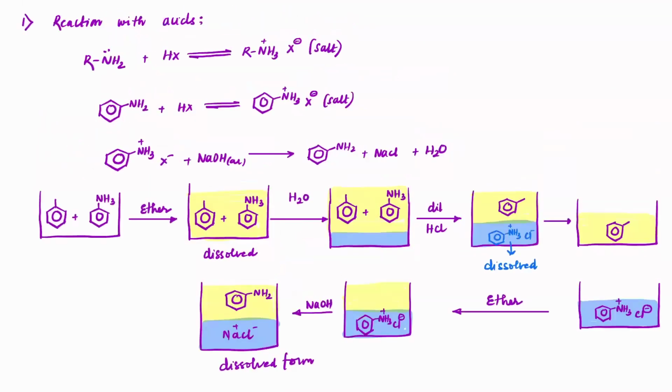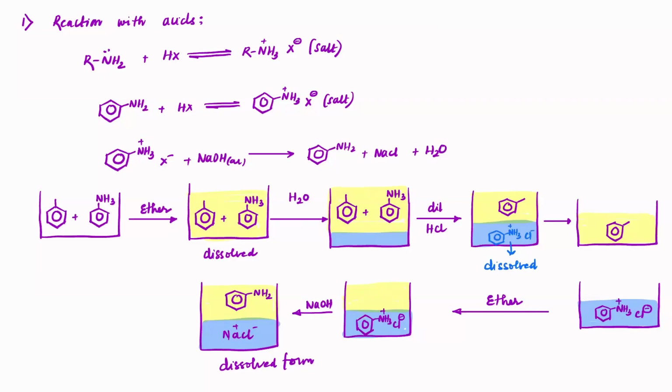And this is the advantage that we are taking when reacting with acids. If aniline or any other amine is present which is insoluble in water, we can always use this to our advantage and convert them into soluble salts. And then after that we can do the separation process.